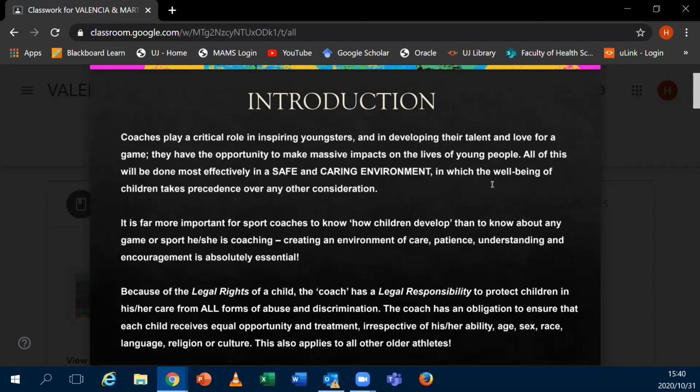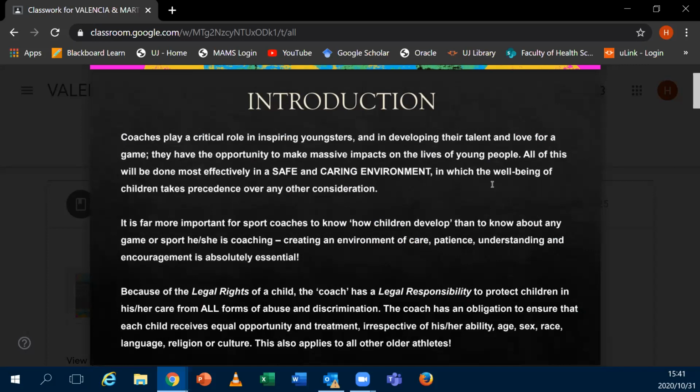You need to know where they are coming from, their environment, what school they're at, what activities they're doing, etc. Because at the end of the day, you as the coach have a legal responsibility to protect those children. And you protect them against all forms of abuse and discrimination.